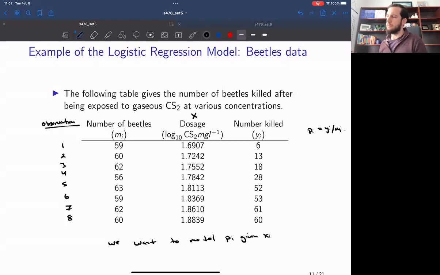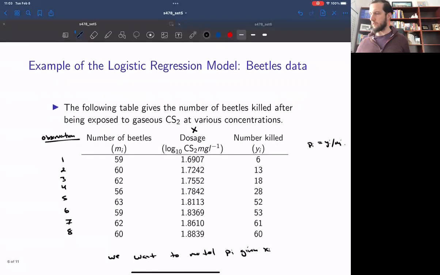Lecture set number 5 was meant to just illustrate the formulation of different types of binomial GLMs, with the most common one being the logistic regression model.